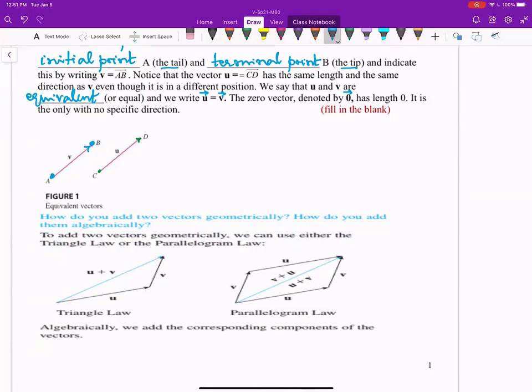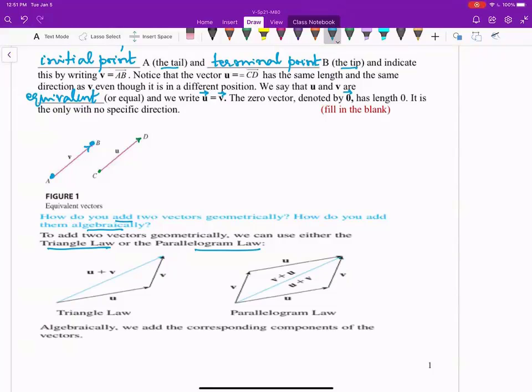How do you add two vectors geometrically? How do you add them algebraically? To add two vectors geometrically, we use either the triangular law or the parallelogram law.